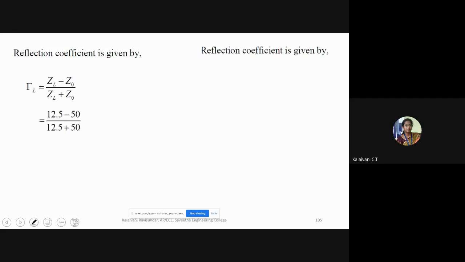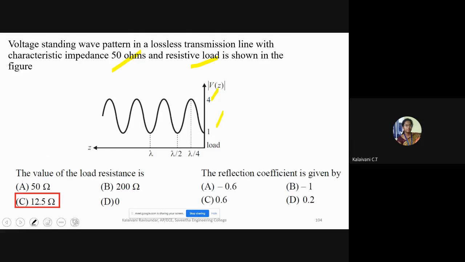If we substitute here, we found ZL is equal to 12.5, minus 50. 50 is the characteristic impedance. So 12.5 plus 50. So if we divide minus 37.5 by 62.5, we get the answer minus 0.6. The answer in the question is minus 0.6.